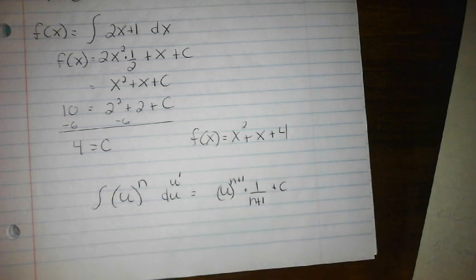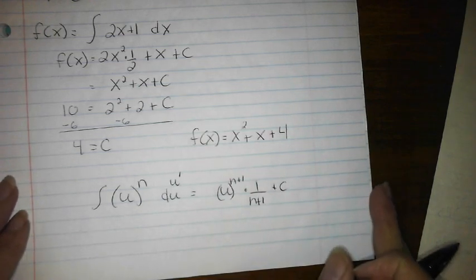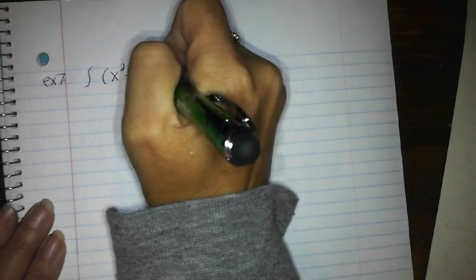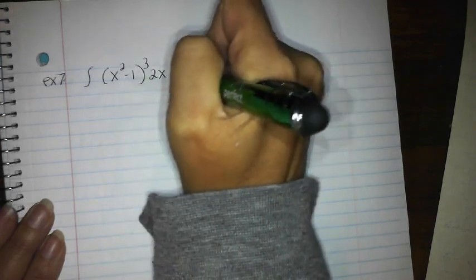Okay, let's practice. A little complicated. So number 7. We've got x squared minus 1 cubed times 2x dx.